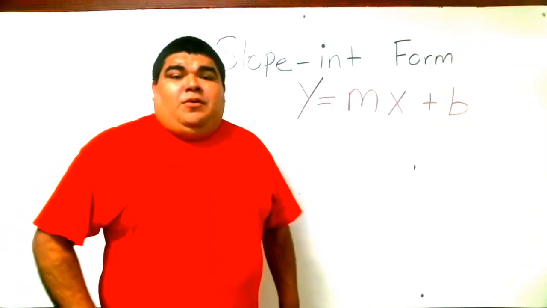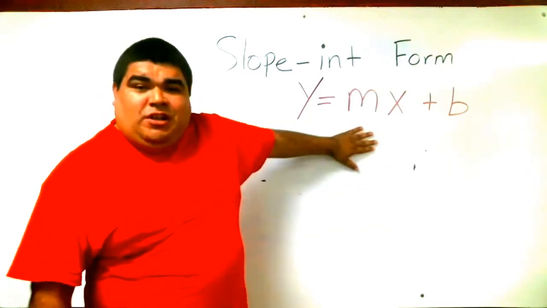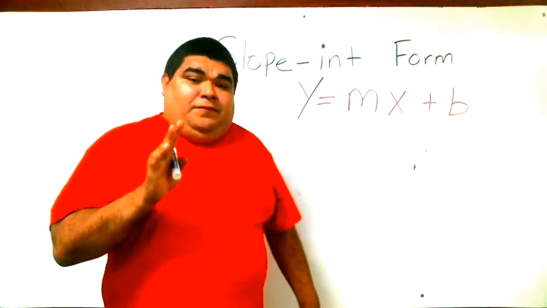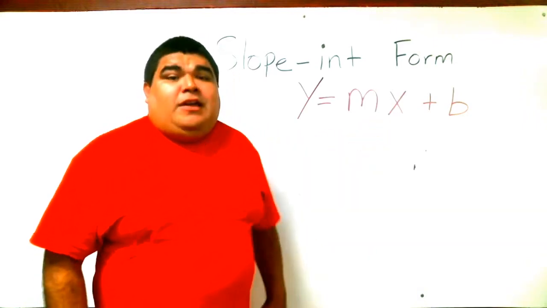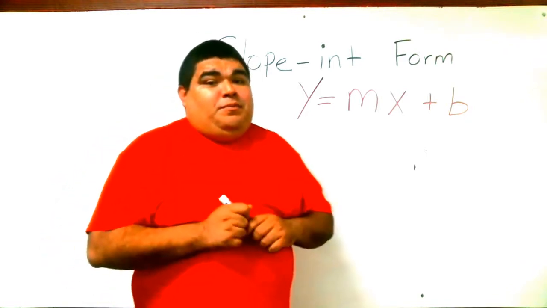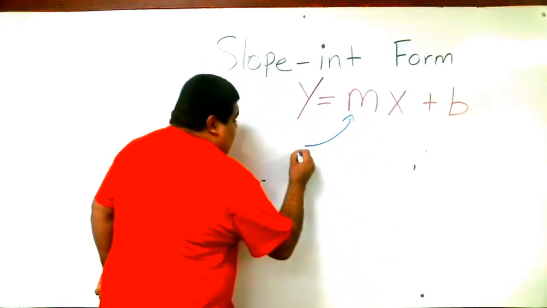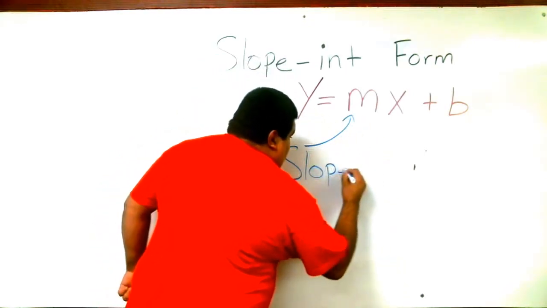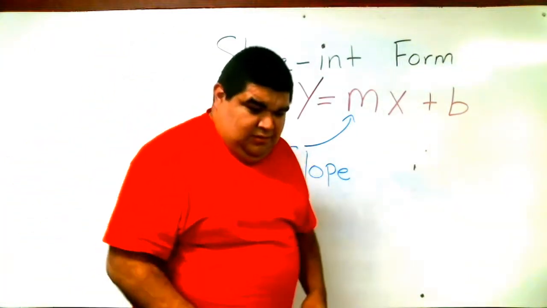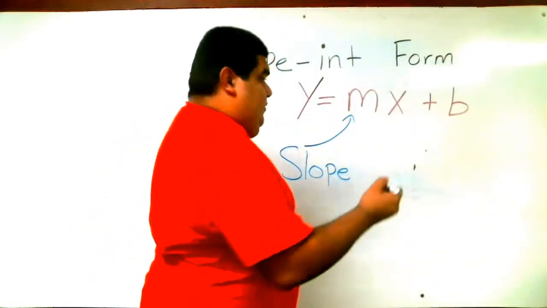All right, guys, now that we have the formula we're going to use for today, we have the equation up on the board as well. The basic stuff to this equation is, okay, your m is always your slope. Remember from last class? So your m is your slope. The b at the end is known as the y-intercept, okay?